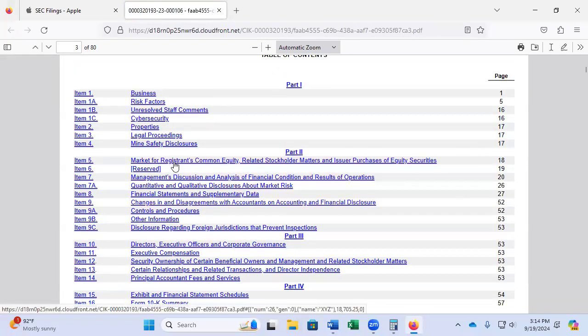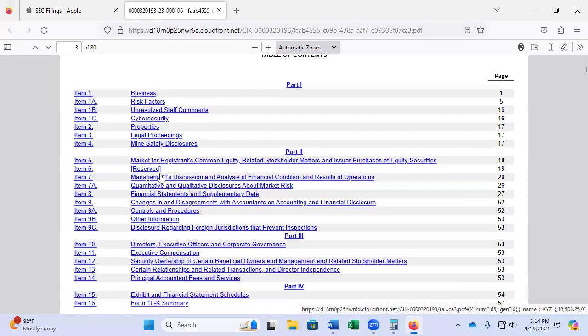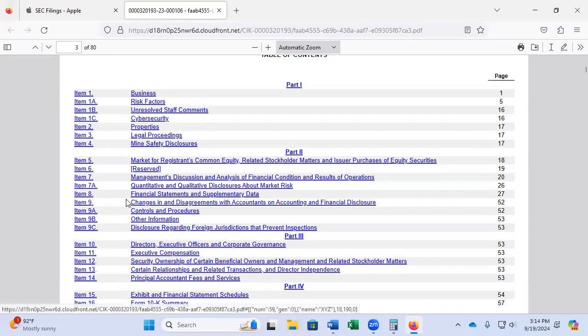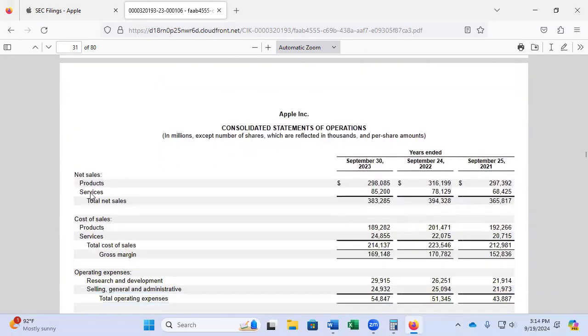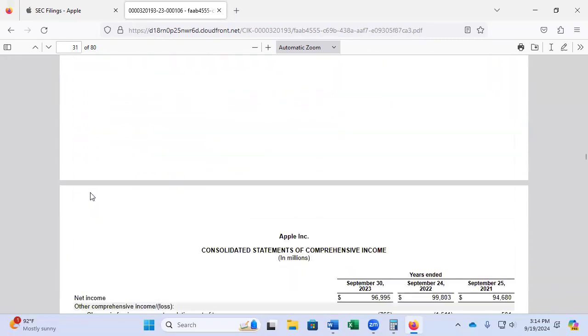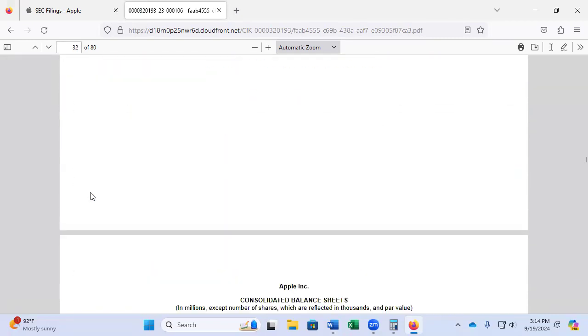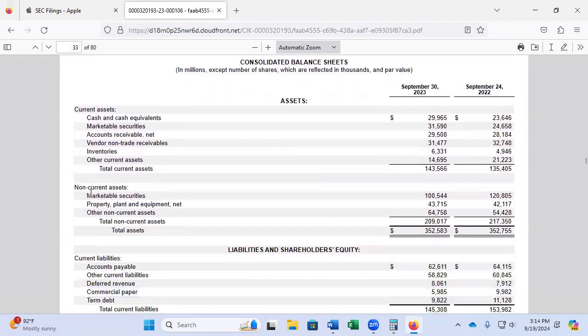So we have all this stuff that goes into one financial statement, and Apple's was 80 pages. I think I had 159 when I pulled up Caterpillar earlier. And really, what our little part of it is just these financial statements. So that's the income statement, comprehensive income, then you have balance sheets.